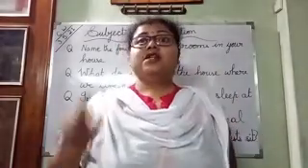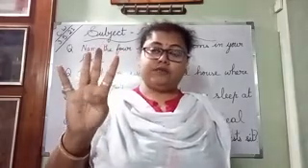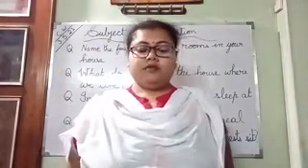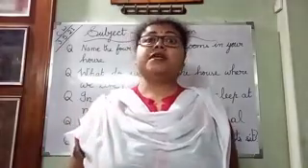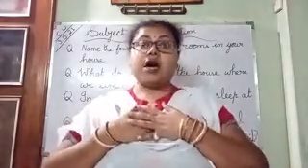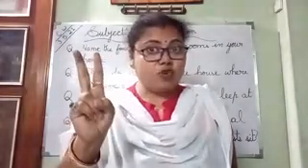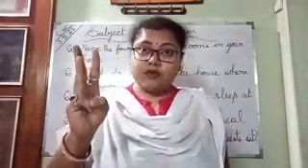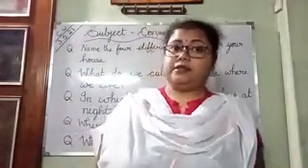You can say drawing room, bedroom, kitchen, dining room. Okay? So I am saying again, the 4 different rooms in my house are drawing room, bedroom, dining room, study room. Okay? You will learn this.